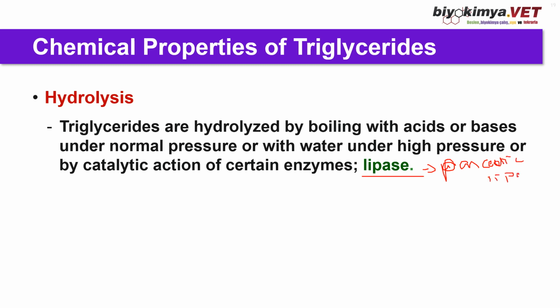Because there are too many lipases in the body, but here, especially for the digestion, we mean the pancreatic lipase. But there are also phosphoprotein lipase, liver lipase, kidney lipase, etc. But the one which is responsible for the digestion of lipids, fats, oils in the small intestine is the pancreatic lipase. And it's a hydrolytic enzyme.